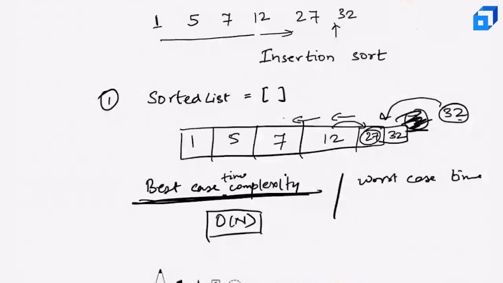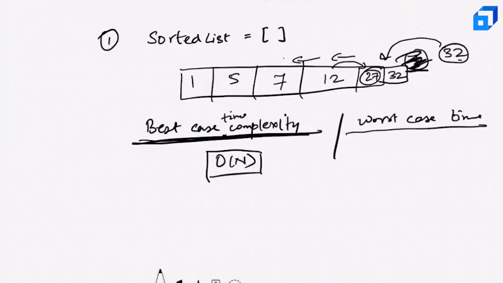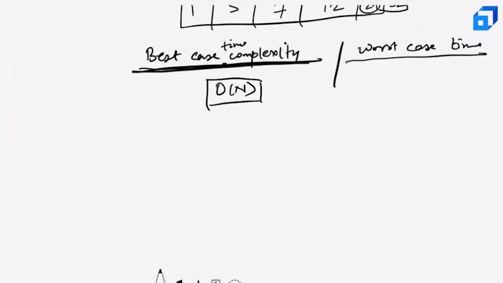What is the worst case? When do we get the worst case? What is the worst case, and in what kind of data would we get the worst case? If the array was reverse sorted, which means if I was giving you numbers, I first give you number 5, you insert 5. Then I give you 4. You insert 4 here, right? Because you'll have to shift 5. Then I give you 3.